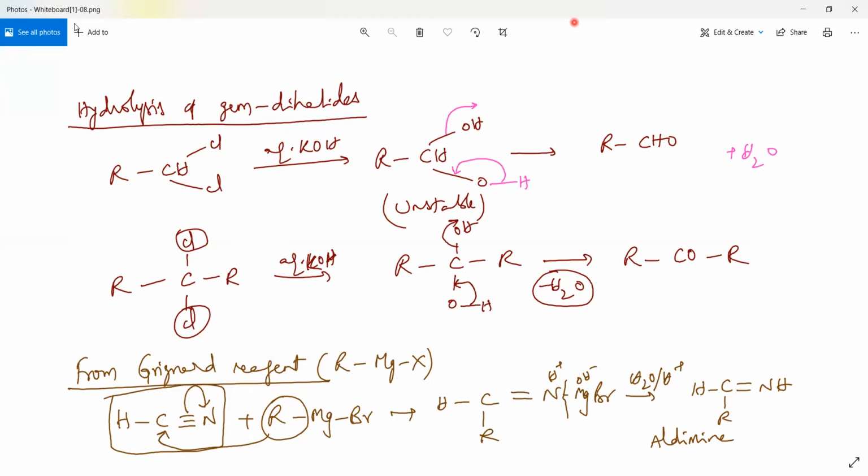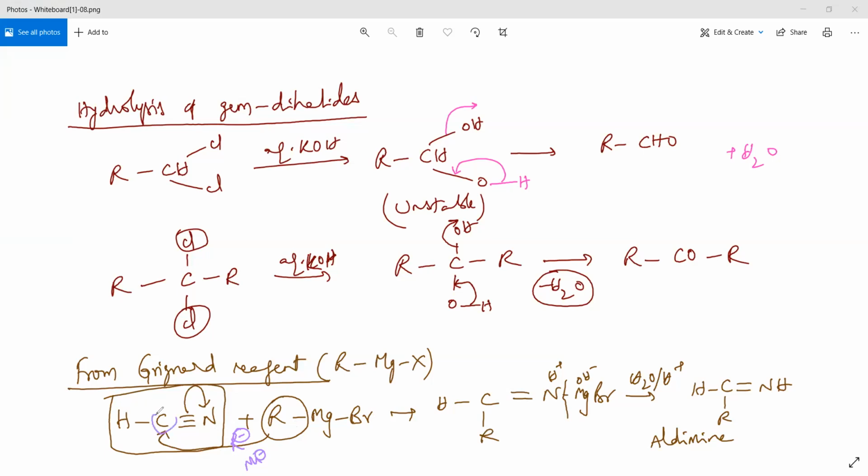What is the nucleophile in this case? This is the nucleophile in this case. This R is coming as R minus, so that will act as a nucleophile.